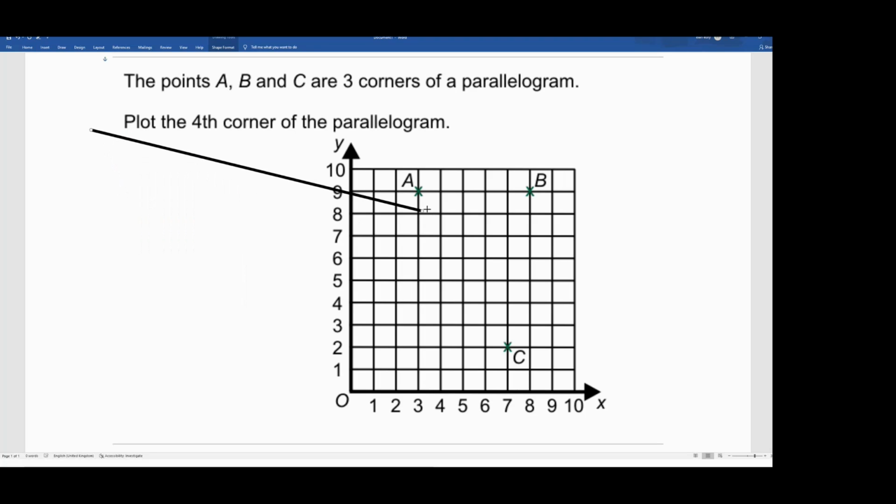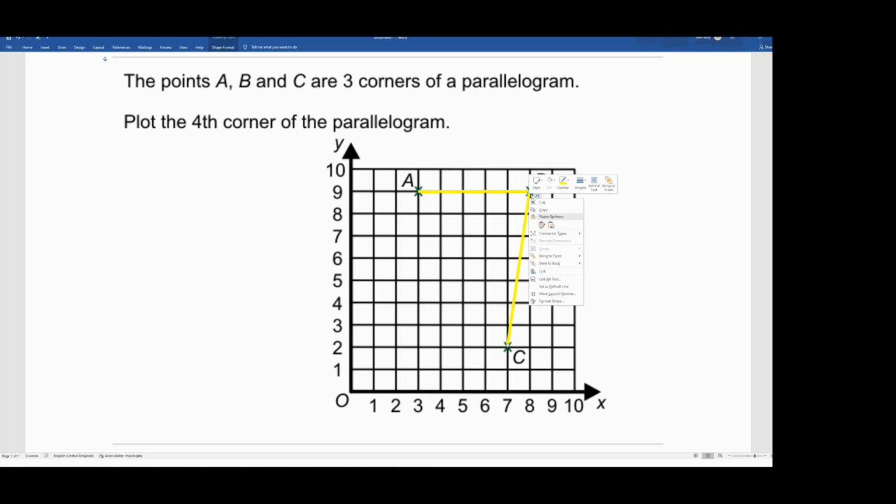So I'm going from A and B, so I'll join those up. Different color. There we go, A to B. And B to C. Better color. Red's the clearest.